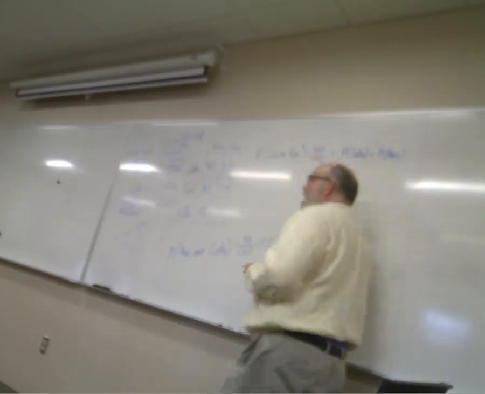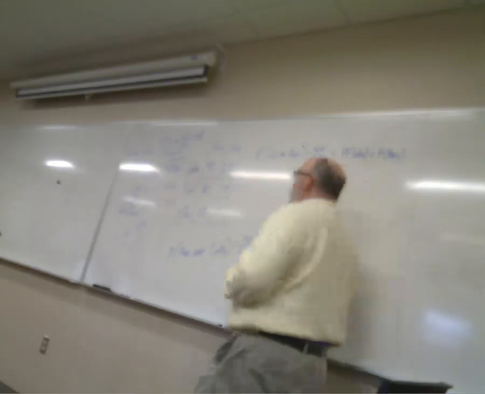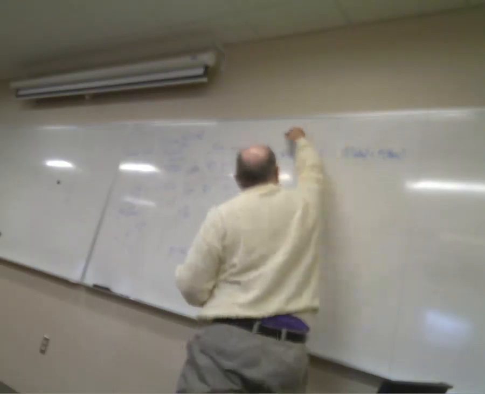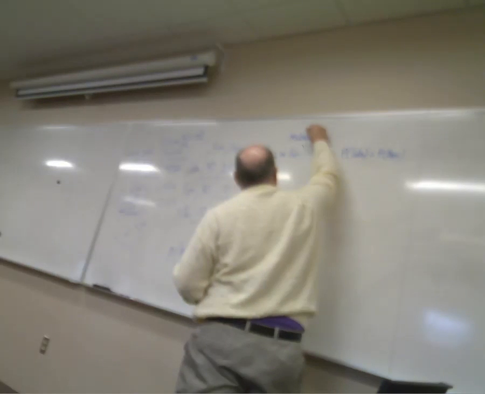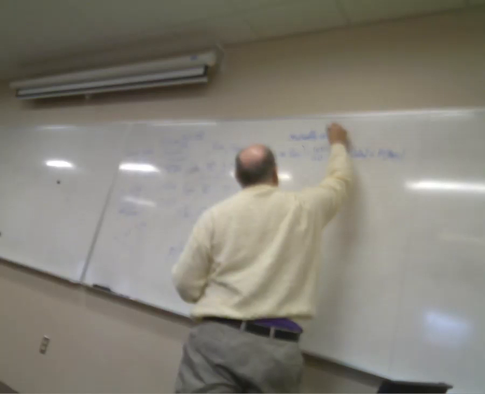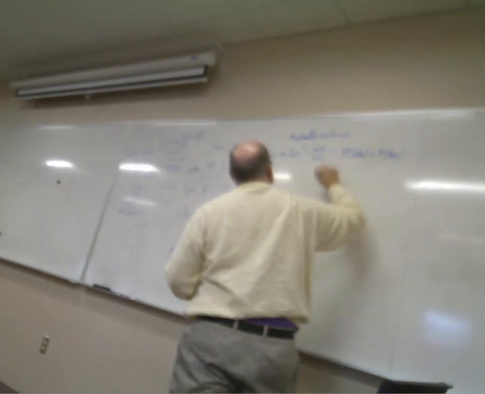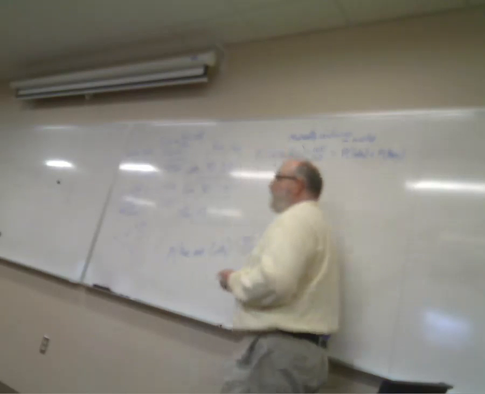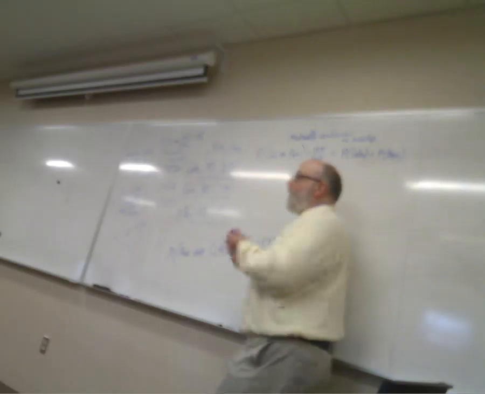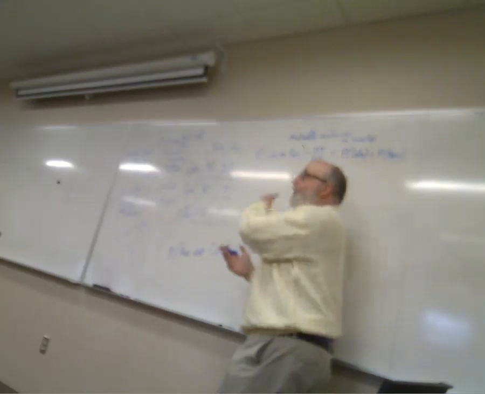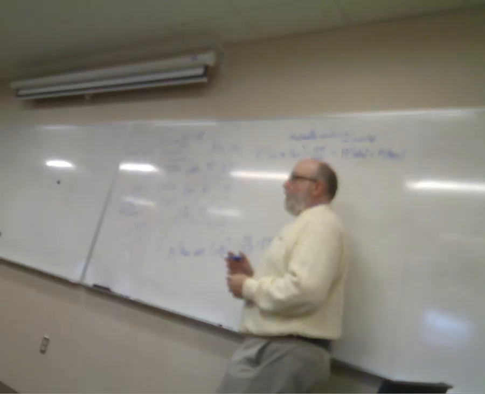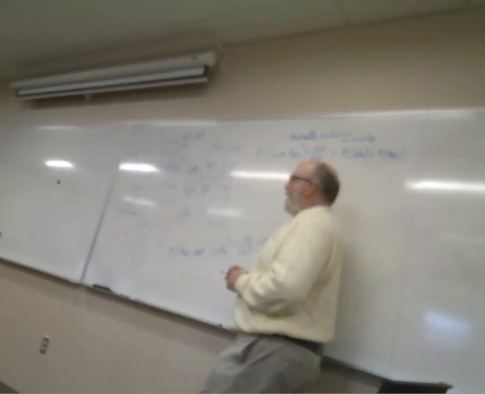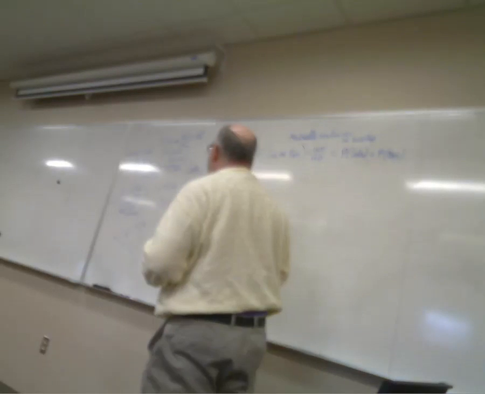This works, this is the correct thing, because these are mutually exclusive, once again. There's no overlap here. Since there's no overlap between the categories, we can simply add the probabilities together when we're talking about or. However, that's not always the case.